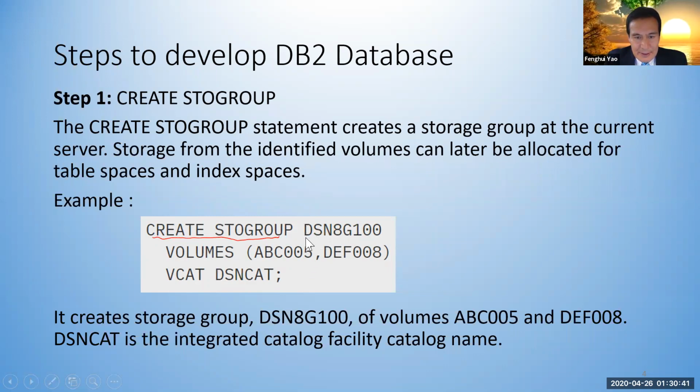This is the storage group name, and these are the volumes, ABC005 and DF008. And then this DSNCAT is an integrated catalog facility catalog name. We go to the next slide.